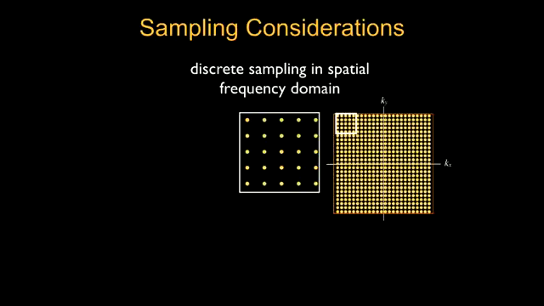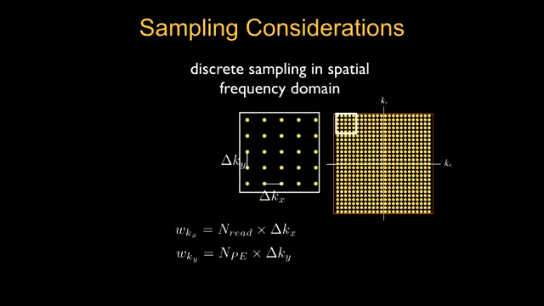Okay, so the discrete sampling in the spatial frequency domain, there are two things you have to know: the distance between these samples, either delta ky or delta kx, and how many samples you have. That's going to be the window, WKX and WKY.